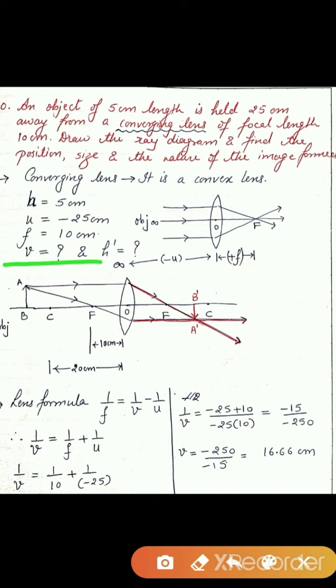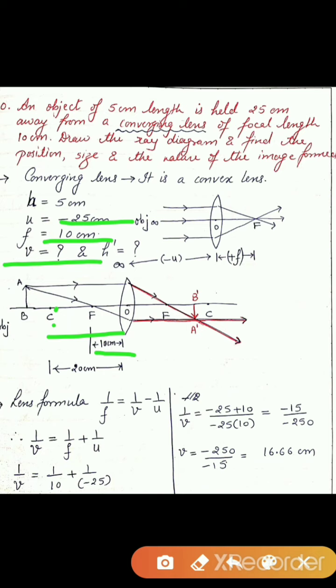Now we'll see where they are placing the object. The focal length of the lens is 10 centimeter and the object is placed at 25 centimeter. If the focal length is 10 centimeter, we know that C, the center of curvature, the length of the radius of curvature, is 2 times the focal length.